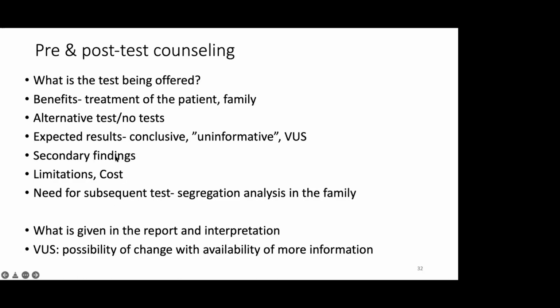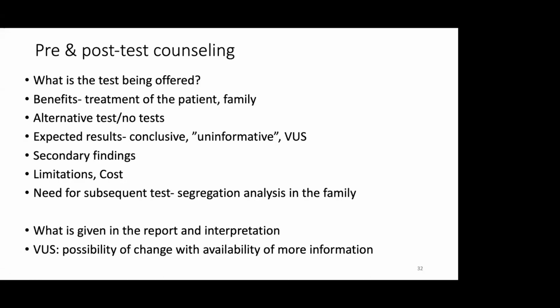Secondary findings: since we are testing by NGS a broad spectrum, we might find a variation in a gene for a cardiomyopathy or a cardiac arrhythmia when we are testing for cancer. So it is unrelated to cancer, but still it has clinical significance. And of course, the limitations of the particular test, the cost, and the need for subsequent segregation testing in the family.